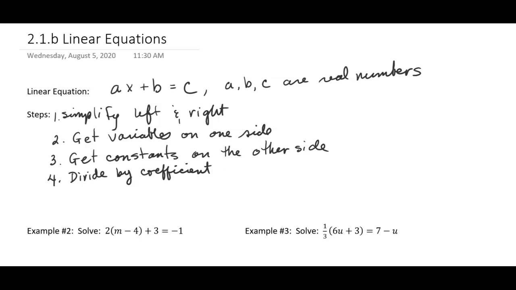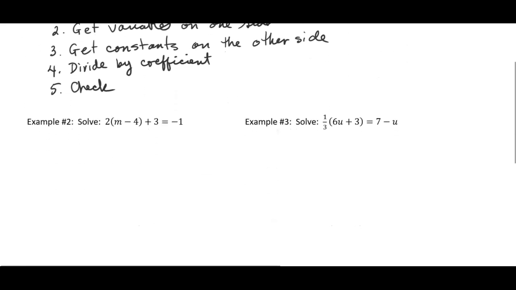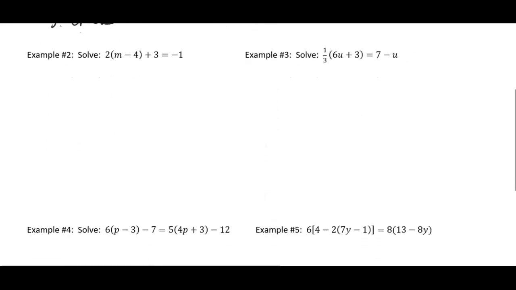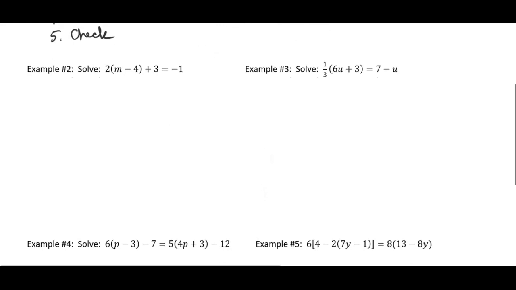And then finally, we usually like to check our answer to see if it's right. And those are pretty much the steps. Now they're listed in your book. They might be worded a little bit differently. That's fine. I would suggest you read the book too if you have time, or if you feel like you have more questions. Okay, so now let's see how we can put this in place.